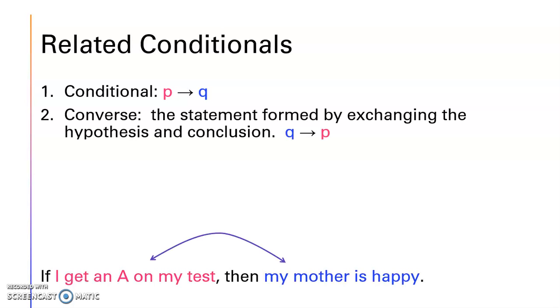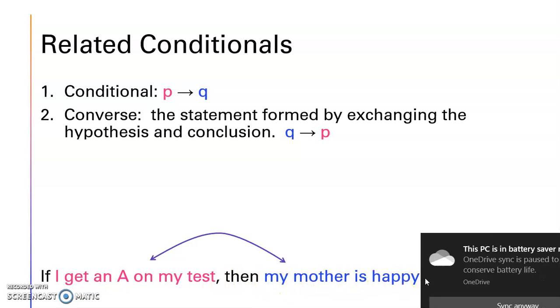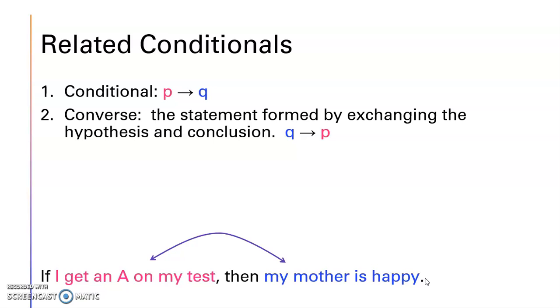So this is the statement formed by switching the hypothesis and conclusion. So you'll notice that I switched these two. So in the original conditional, it says, if I get an A on my test, then my mother is happy. So I'm going to switch them and say, if my mother is happy, then I get an A on my test.